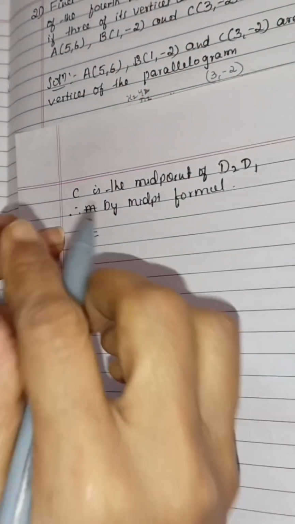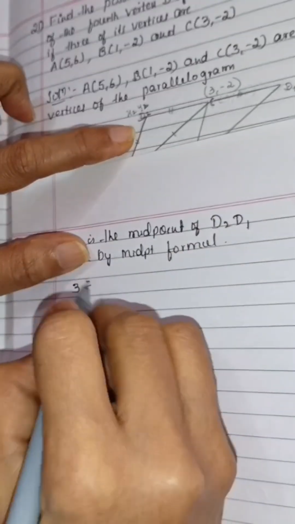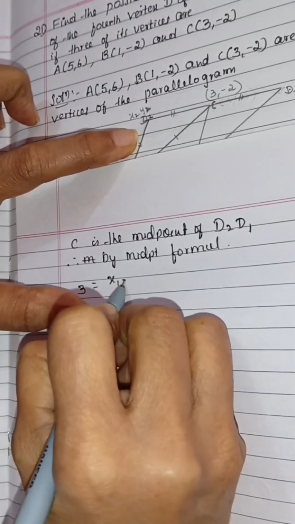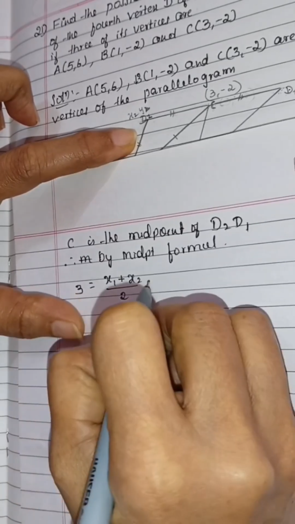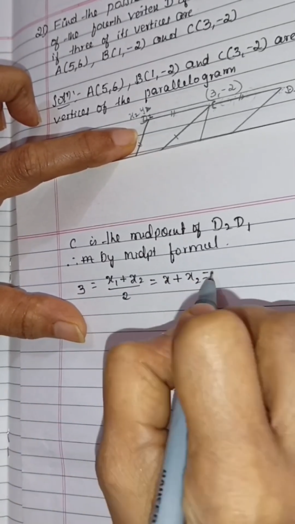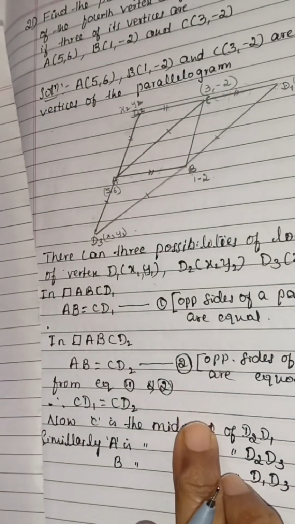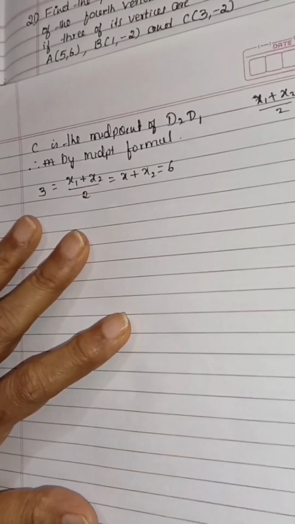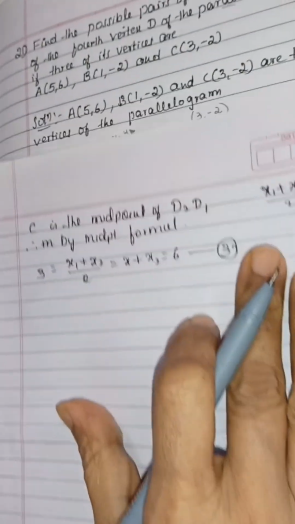This is the midpoint formula, no? So x1 plus x2 equals 6. Let this be equation number 3.